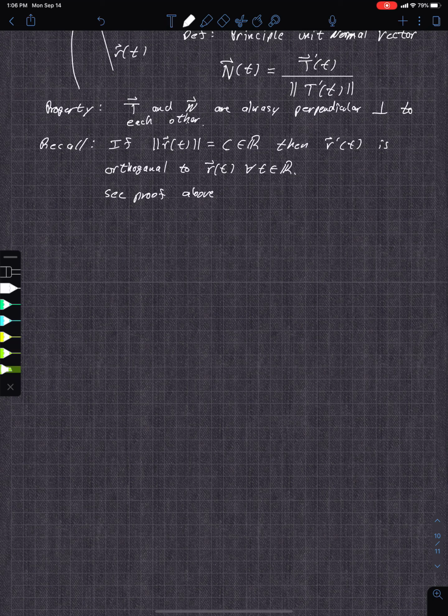I'm going to say above in my notes, but it's up there. Maybe in the next video I'll look it up. But you basically do the magnitude squared equals c, and then you do the dot product, and when you differentiate both sides, you get the dot product equal to 0. So we did do that proof already.